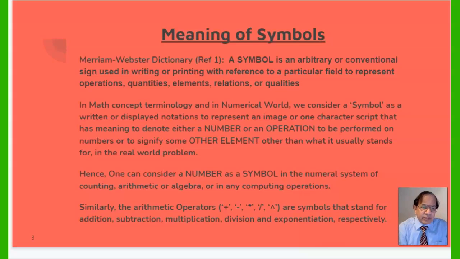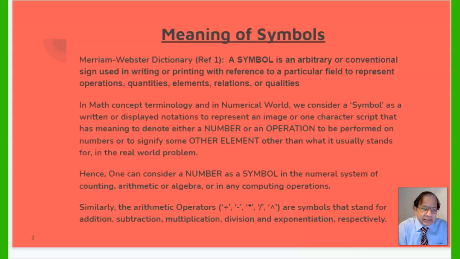And the second one is Wikipedia, which will follow. Merriam-Webster dictionary defines a symbol as an arbitrary or conventional sign used in writing or printing with reference to a particular field to represent operations, quantities, elements, relations, and or qualities.